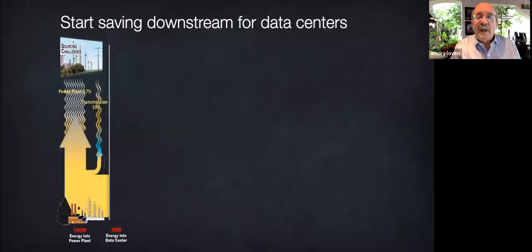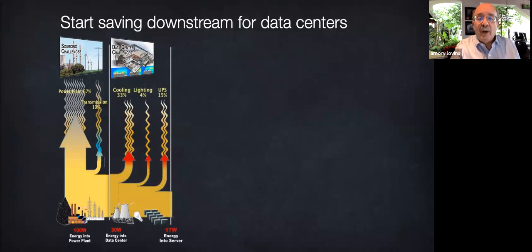2/3 of the fuel fed into the power plant is lost in the plant and the grid. Half the metered electricity is then lost in the cooling system and the uninterruptible power supplies, which are together half the total capital cost of the facility. And they're lost before they even get to the servers.